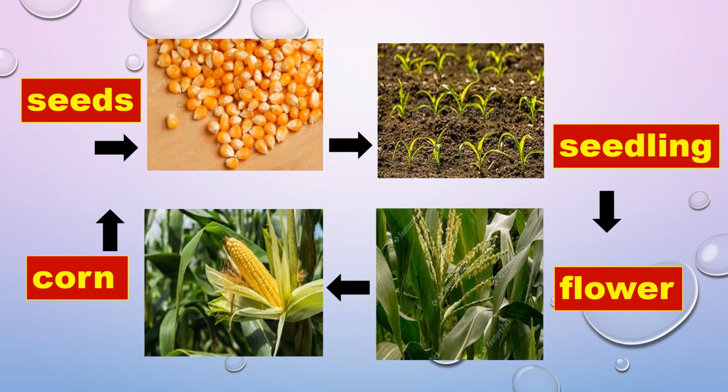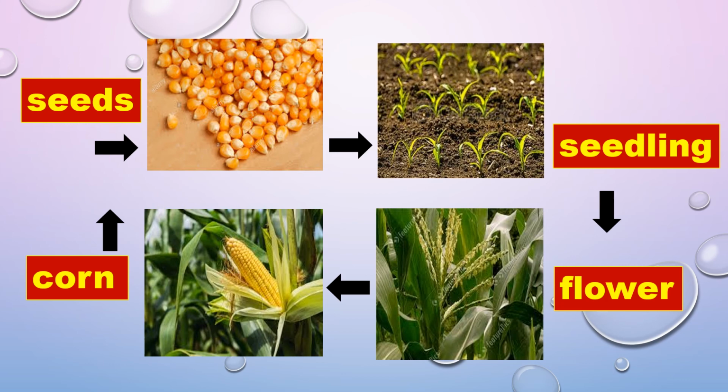This time, let's have a review first of the life cycle of a plant. First, we have the seeds. What will happen to the seed if we plant it in the right surroundings? The seeds will have roots and leaves. It will be called a seedling or sapling.